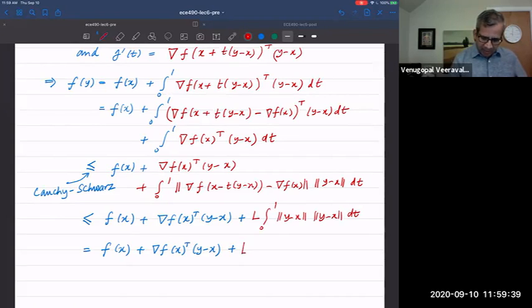Sorry, there should have been a t here. When I take the difference of these, the x cancels and the t remains. So I get L times the norm of y minus x squared, and then the integral of t dt from 0 to 1, which is equal to half.